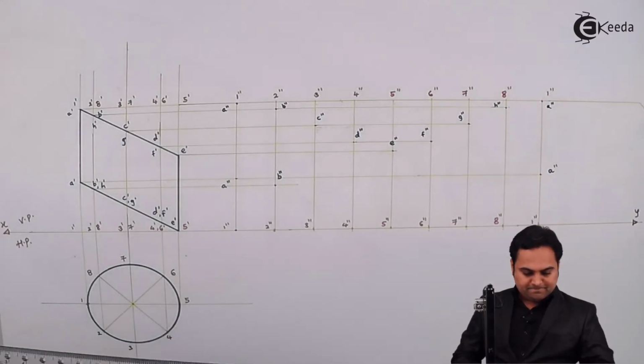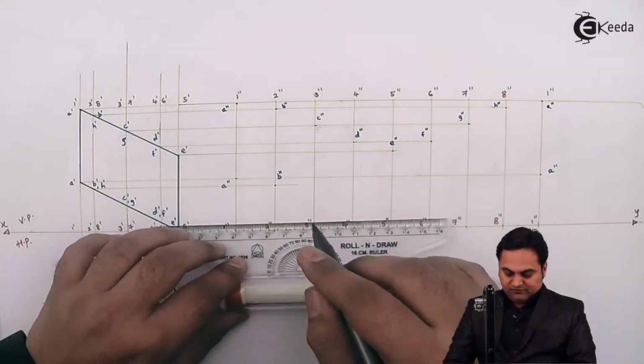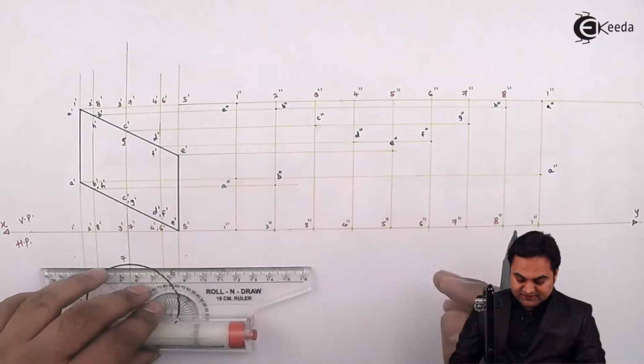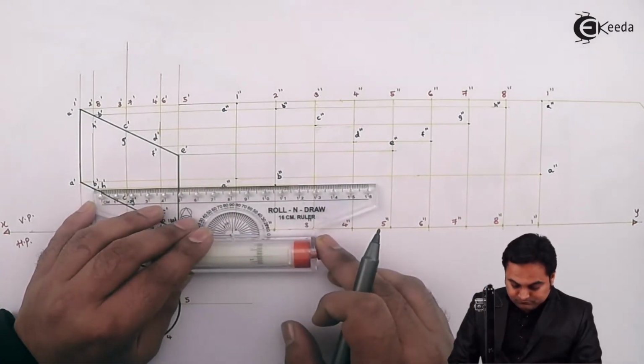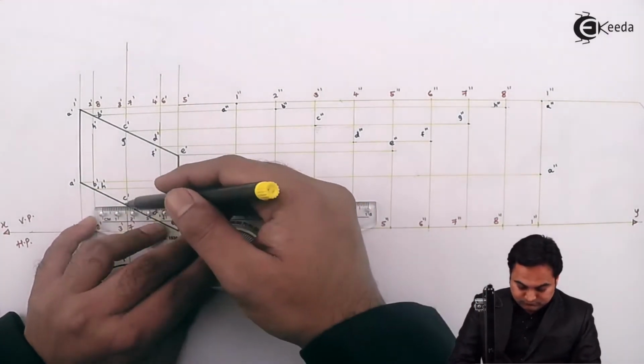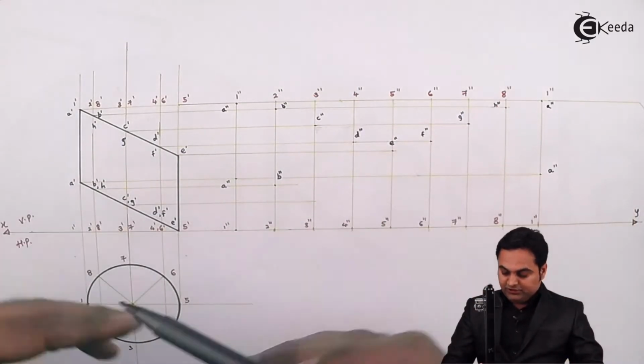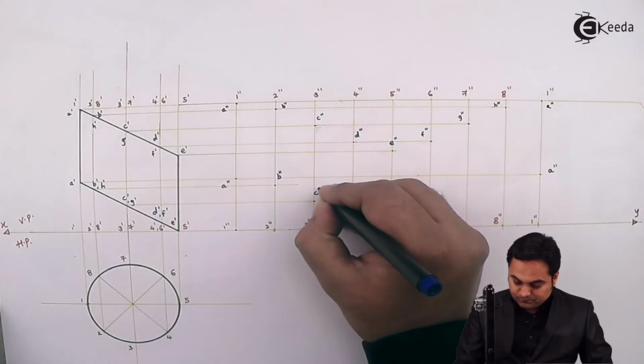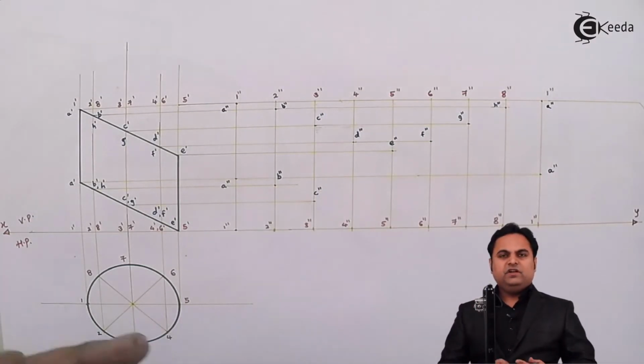Now after projecting B double dash, C dash is on 3 dash 3 dash, so projecting it on 3 double dash 3 double dash. Here we have C double dash.